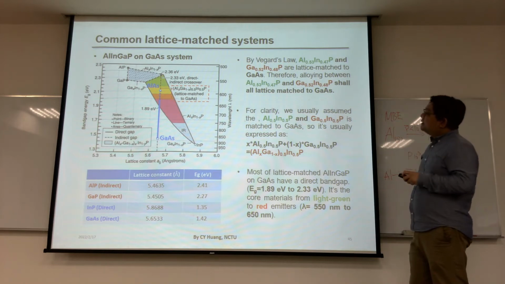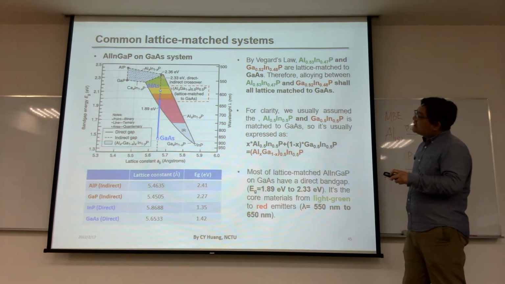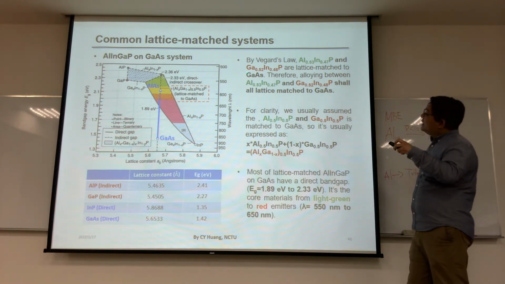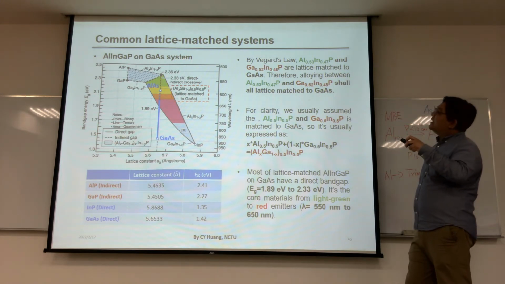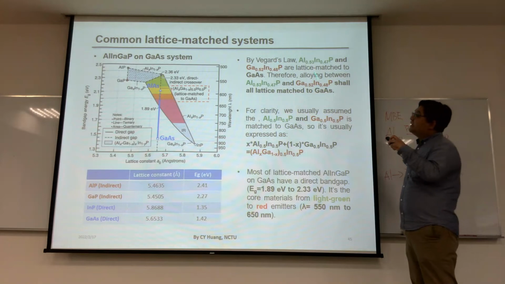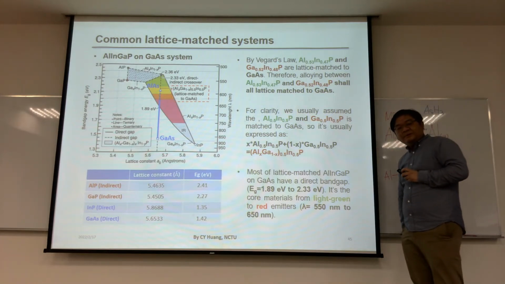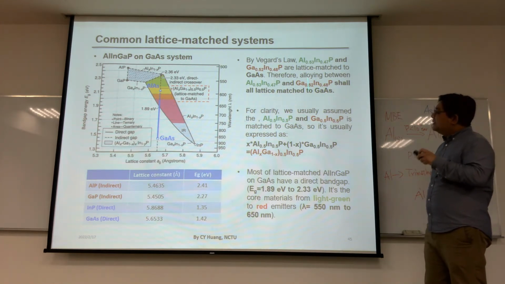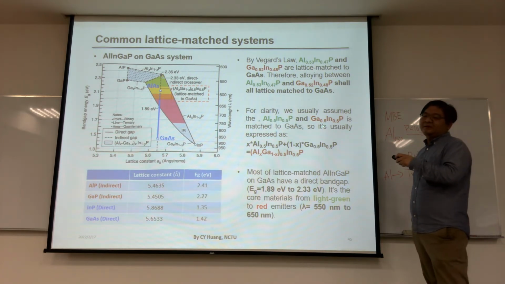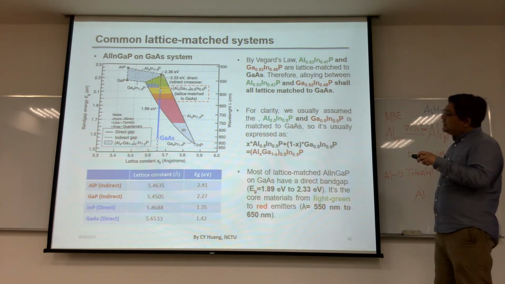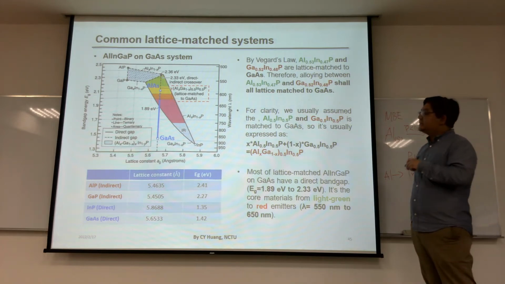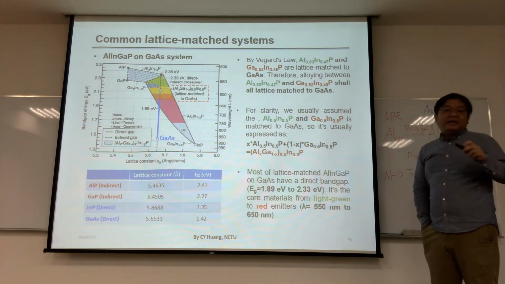For gallium phosphide and indium phosphide, after some calculation with Vegard's law, about 52% gallium and 48% indium phosphide is lattice matched to gallium arsenide. Since these two numbers are nearly the same, for convenience we just say 50% aluminum indium phosphide and 50% gallium indium phosphide are lattice matched to gallium arsenide.